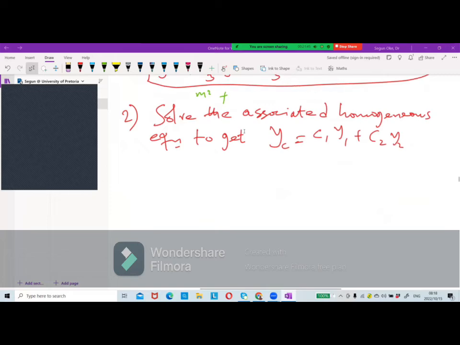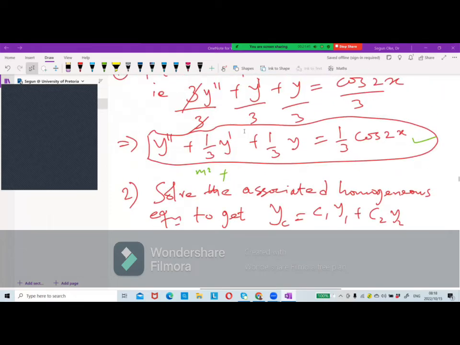It's going to be m squared plus 1 over 3 m plus 1 over 3 equals to what? Now 1 over 3 will be outside the bracket, then we're going to have a cos 2x plus b sin 2x.